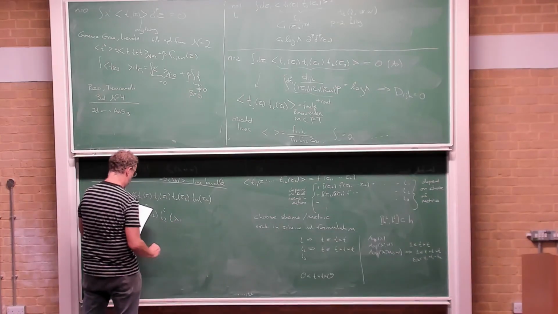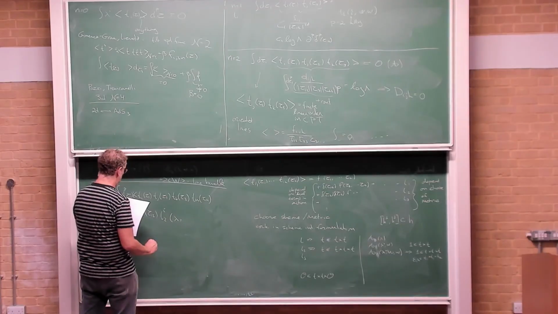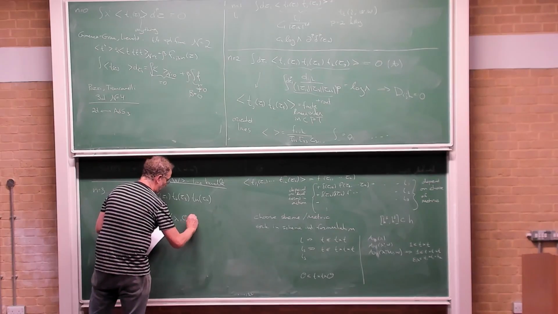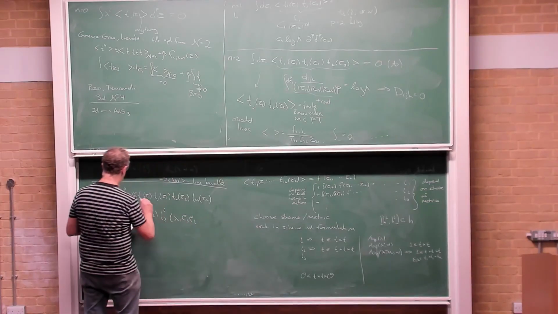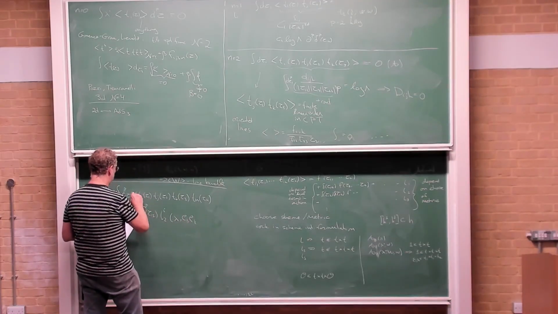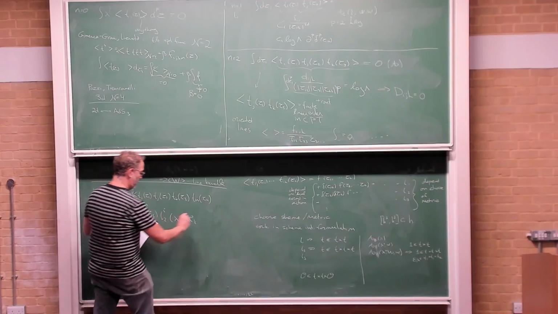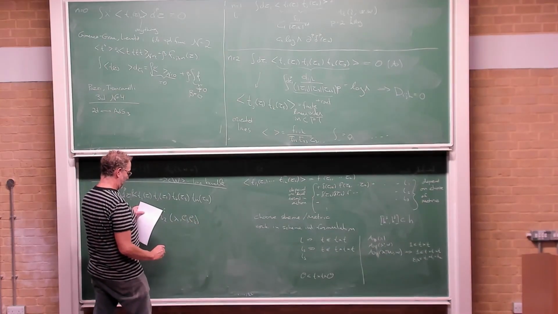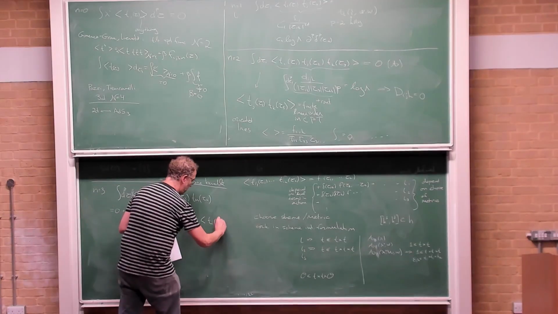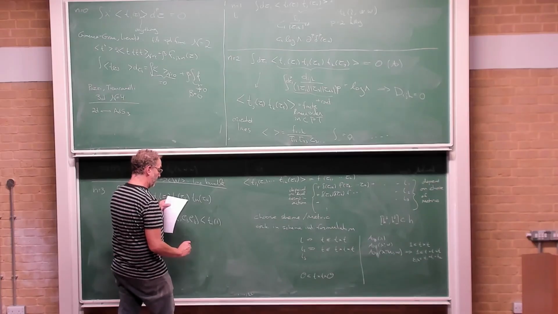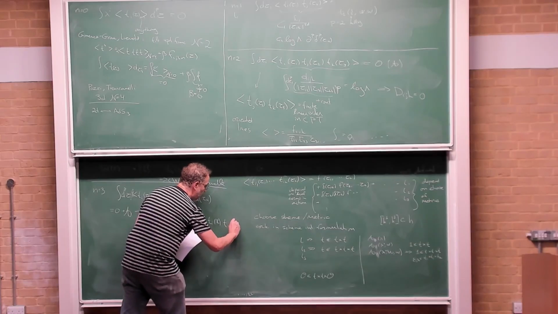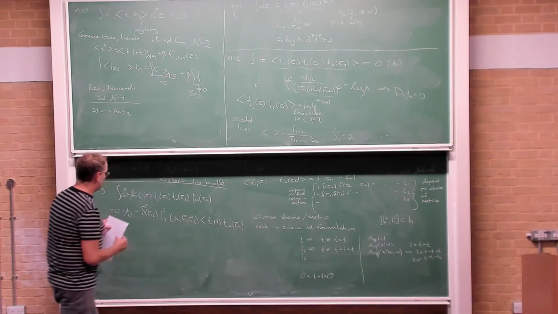I'm missing some indices here. Well, I have here the t_i at τ1 and t_m at τ4.